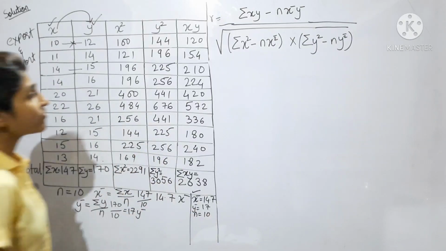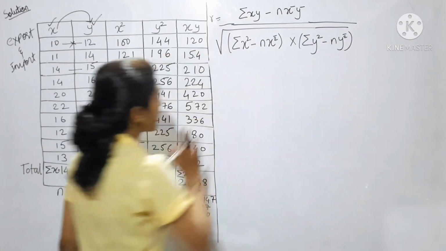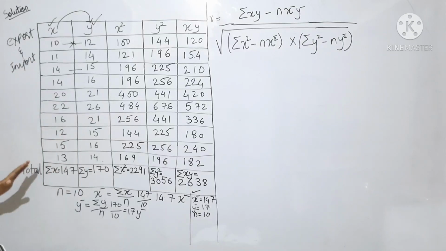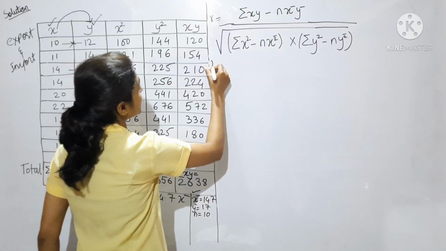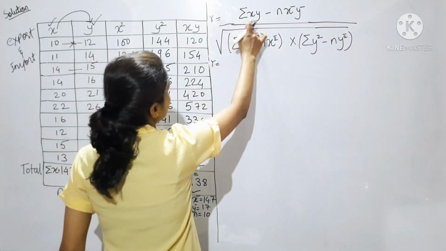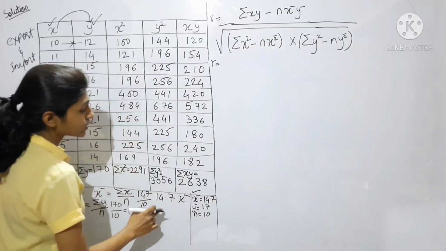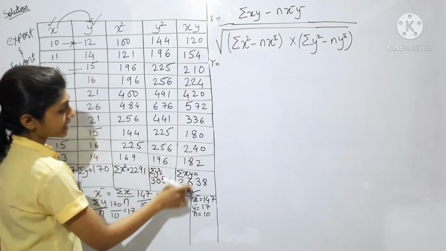Now we have got all the values as per the formula. Now put these values in the formula. So r is equal to sigma xy. Sigma xy means the total of xy.